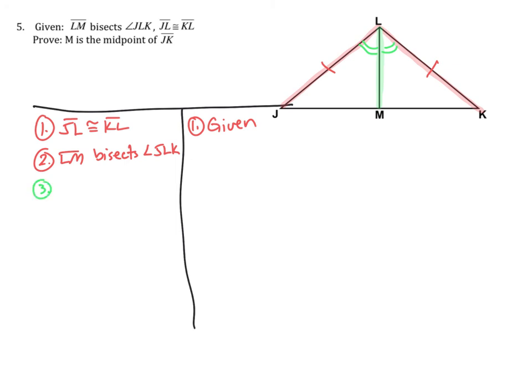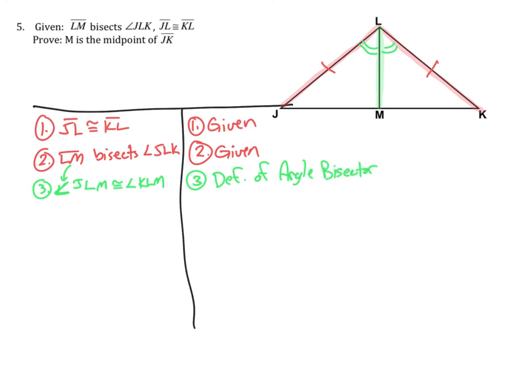So in statement 3, from that, I can say that angle JLM is congruent to angle KLM. Oh, I never wrote reason 2. Sorry about that. So reason 2 is given. And then reason 3, again, it's the definition of an angle bisector.